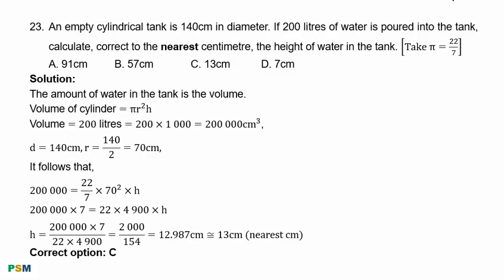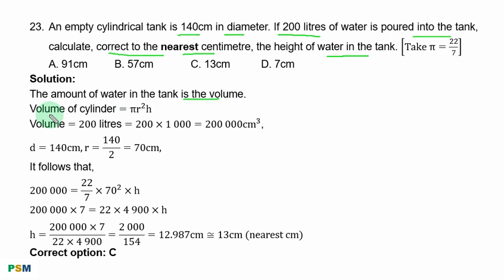Question 23. An empty tank in form of cylinder is 140 centimeters in diameter. If 200 liters of water is poured into the tank, calculate, correct to the nearest centimeter, the height of water in the tank. Solution: the amount of water in the tank is the volume.